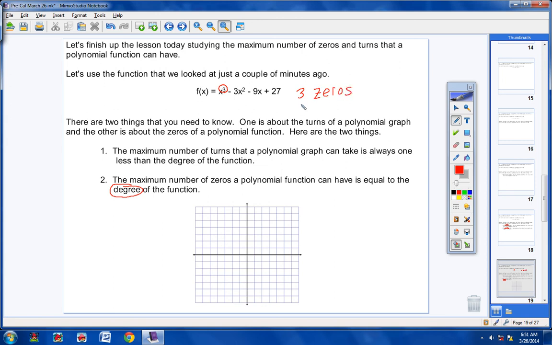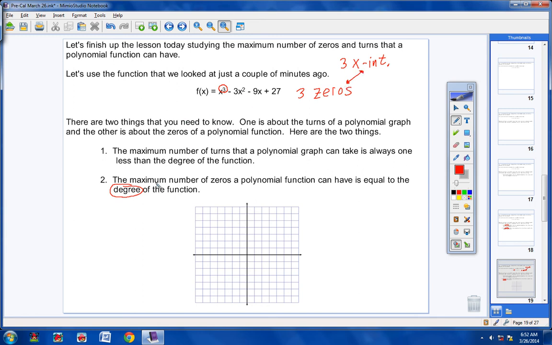You might have 2 zeros. You might have 1. But at the most, this function will have 3 zeros. That means, in other words, at the most, this graph will have 3 x-intercepts. Remember, zeros and x-intercepts are the exact same thing.